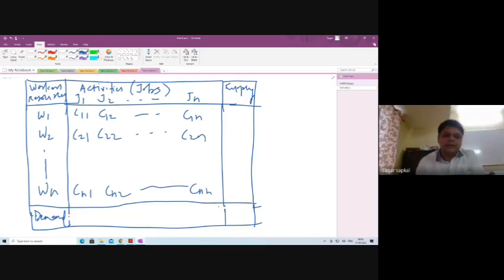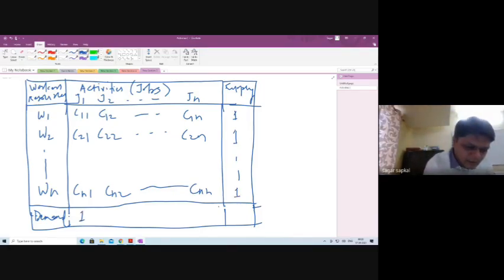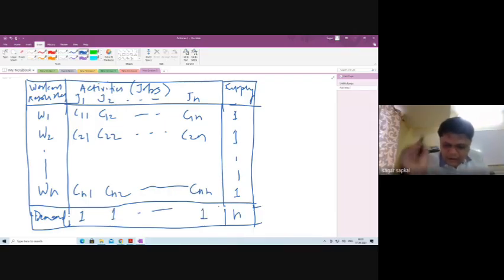Okay, and here the supply is 1 because we are doing one-to-one assignment. Supply is 1. Similarly, the demand will be 1, 1 up to 1, and the total is nothing but n.